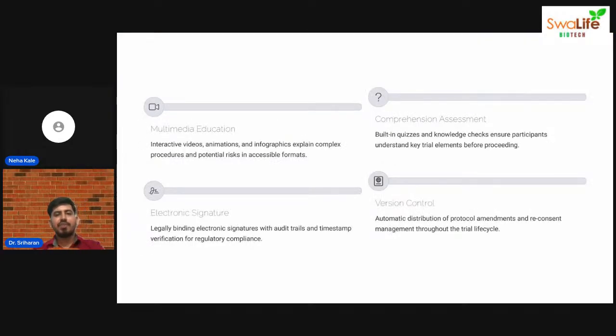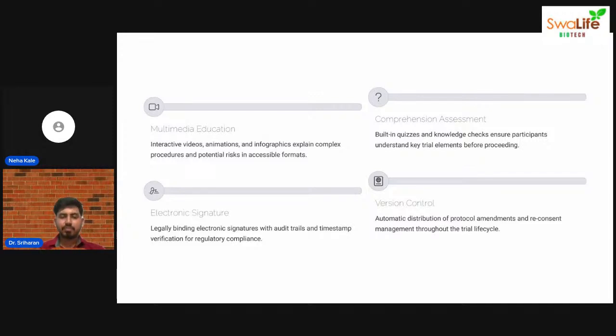While preparing the informed consent form, we want to attach multimedia education. This multimedia education will educate the person. If you are filling in a column, it should be integrated with a hyperlink to a video which will explain the process.